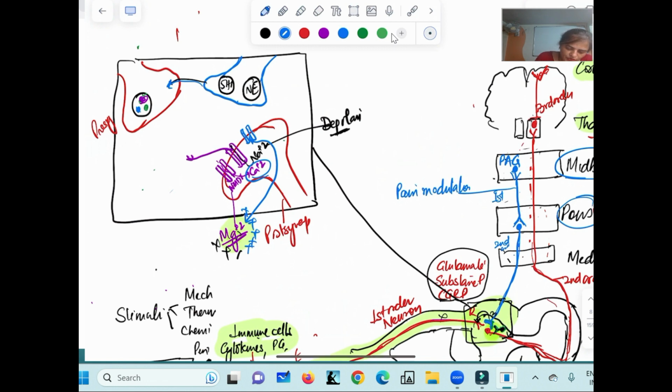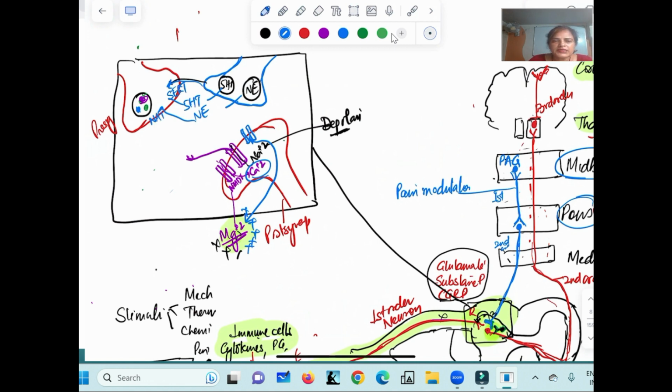Now they are going to cause the release of 5-HT and norepinephrine, which is taken up by the presynaptic neuron by the transporters, like serotonin transporter and norepinephrine transporter.